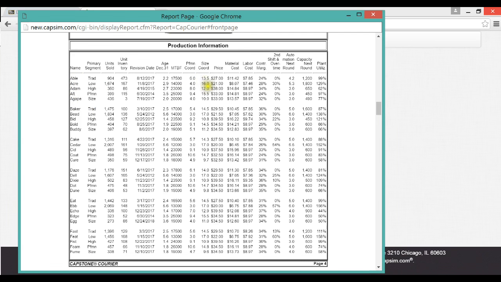So let's take a look at what we're doing good and what we're doing poorly. A good place to start is by looking at the revision date. If you have a recent revision date, that's a good sign. It means that you're up with the latest and greatest product.